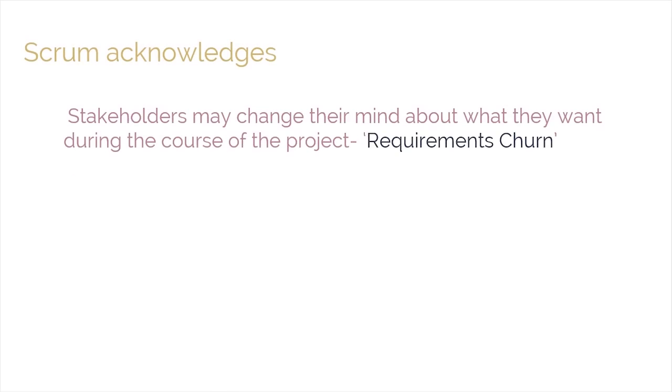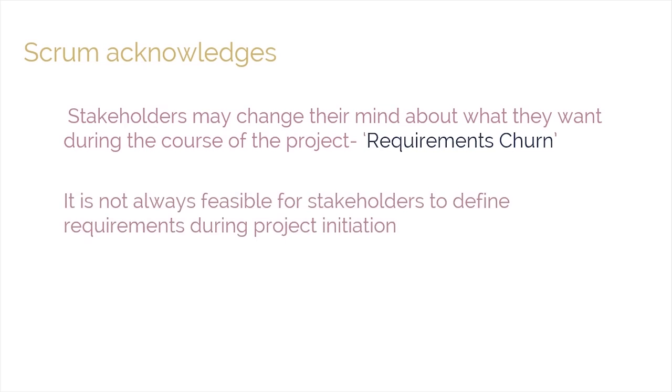First, stakeholders, for example, customers, users, and sponsors, change their minds about what they want and need throughout a project, which is sometimes referred to as requirements churn. Second, it is very difficult, if not impossible, for stakeholders to define all requirements during project initiation.